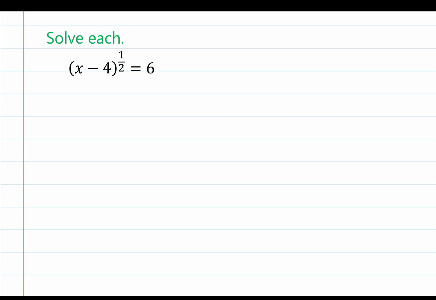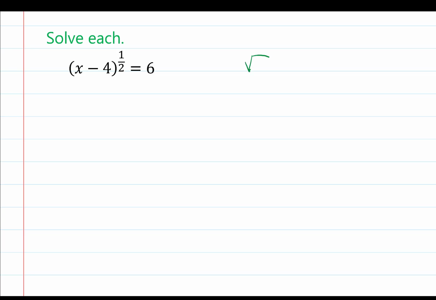Let's now go to our second example, and in our second example, we have x minus 4 raised to the 1/2 power is equal to 6. Now you might be thinking, this doesn't really look like a radical equation, but really it is, because anytime you have a rational exponent, it can be rewritten as a radical.